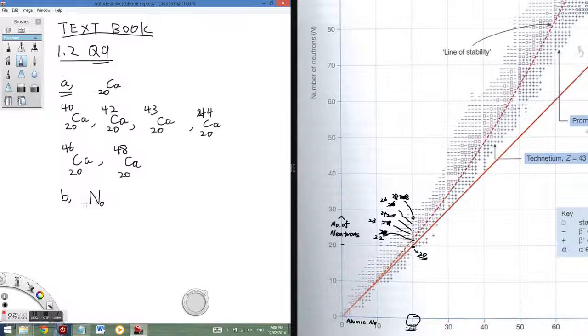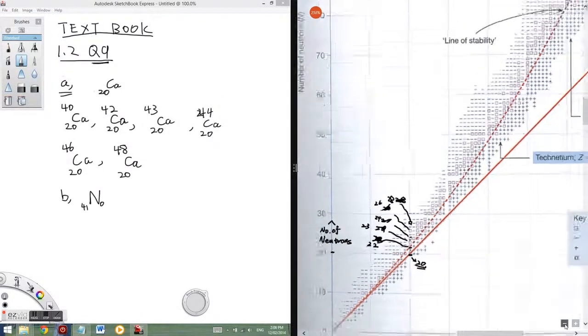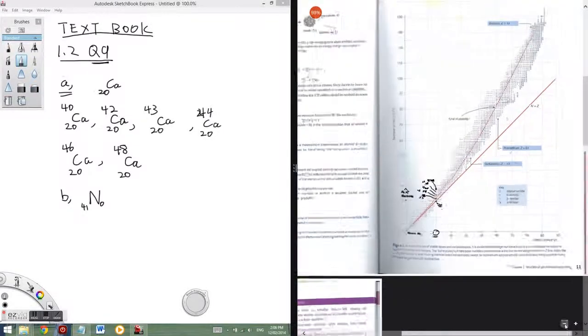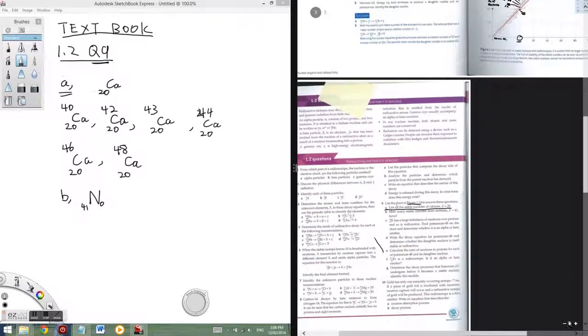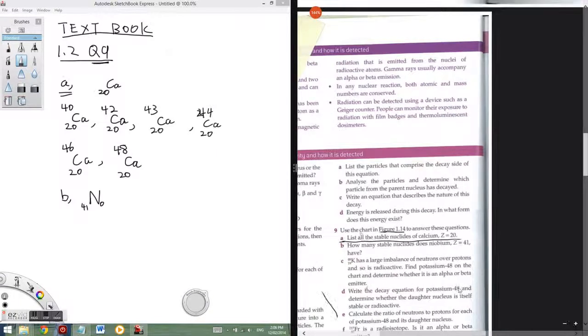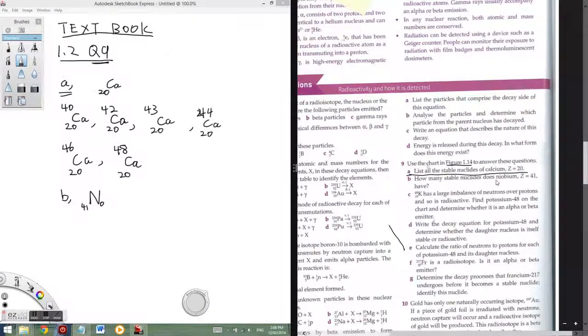I believe it's NO, 41. Sorry, guys, I need to have a look at the question again. Niobium.